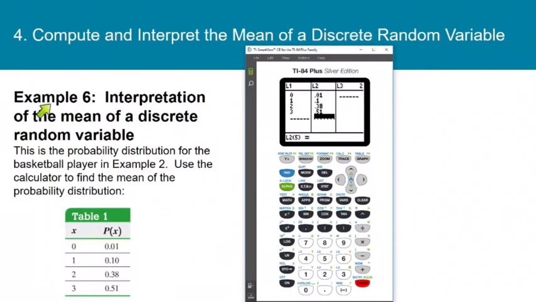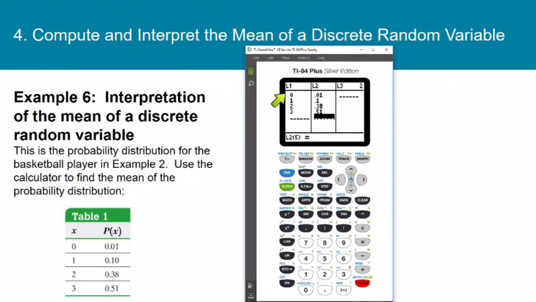So here's example 6, and you see that they've given us the table from example 2, where we had the basketball player who was asked to shoot groups of 3 free throws each. And it says use the calculator to find the mean of the probability distribution. Now what I've done is I've gone ahead and entered my X values in list 1, and the probabilities in list 2.